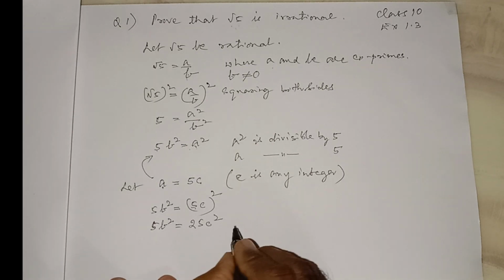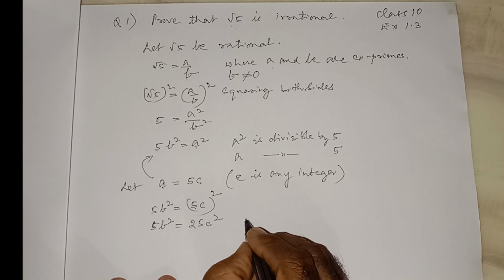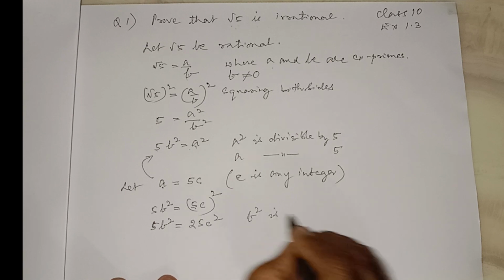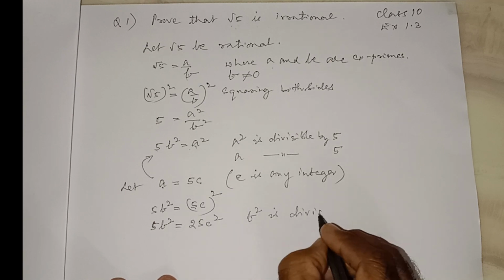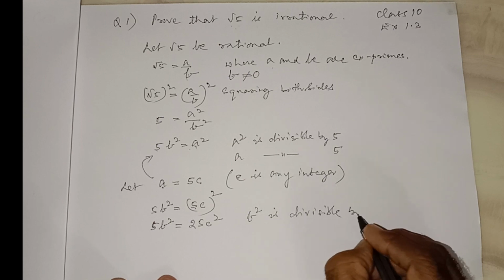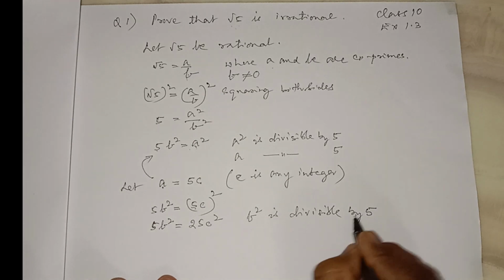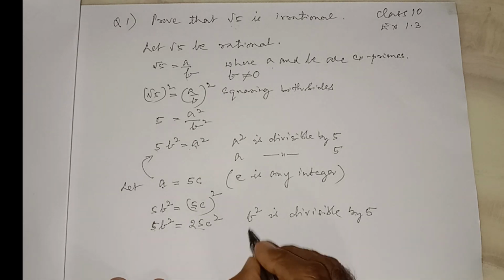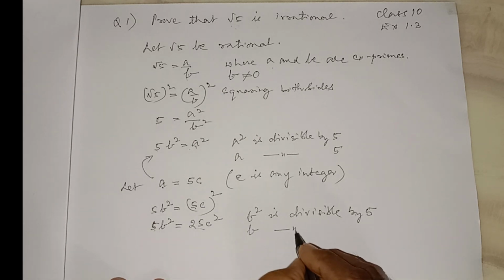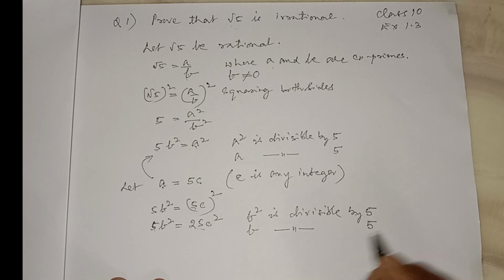Here also, we understand that b square is divisible by 5. If b square is divisible by 5, as per this equation, b also is divisible by 5.